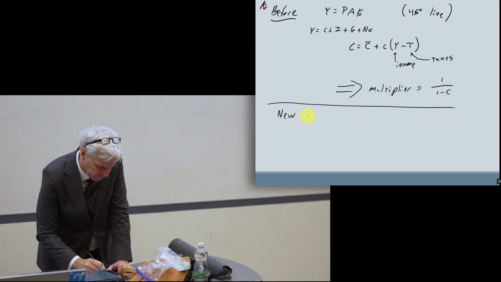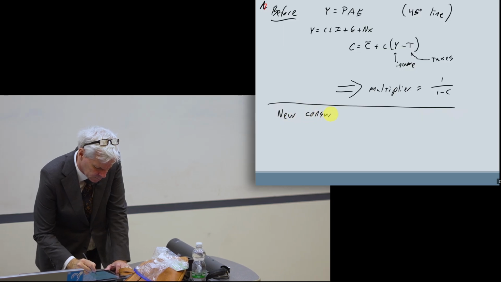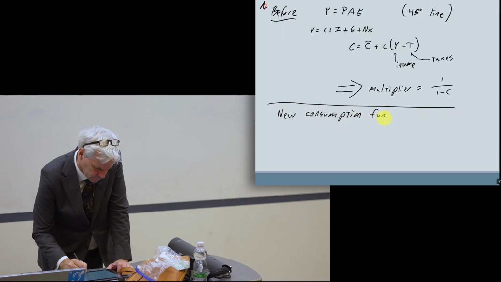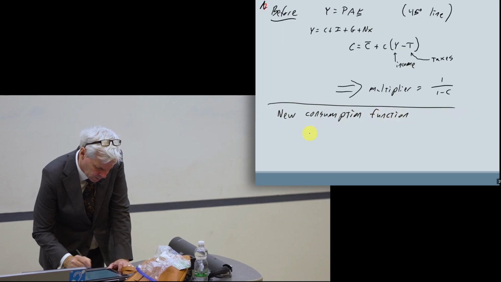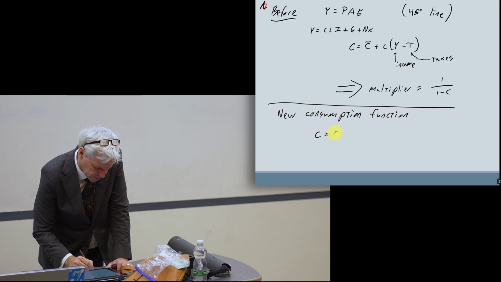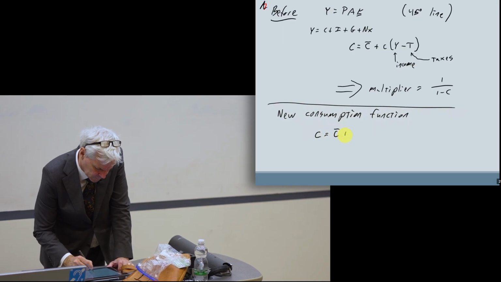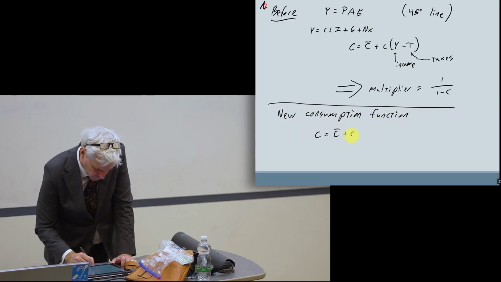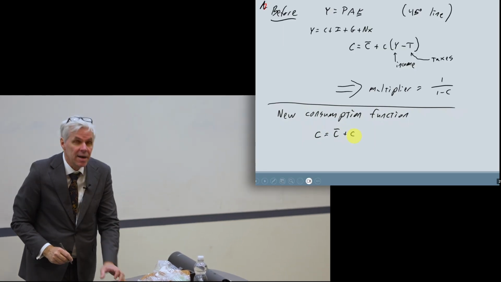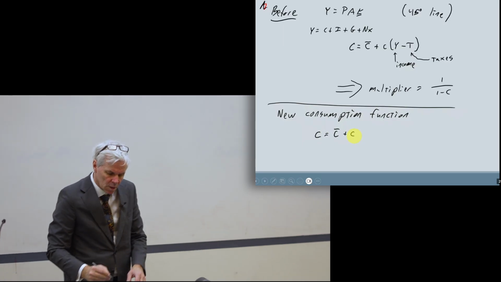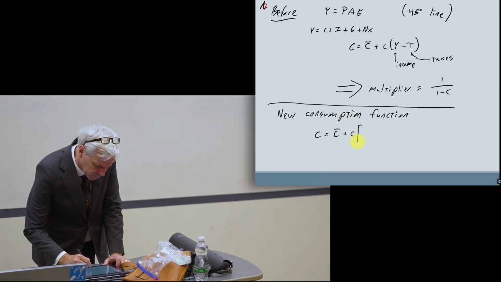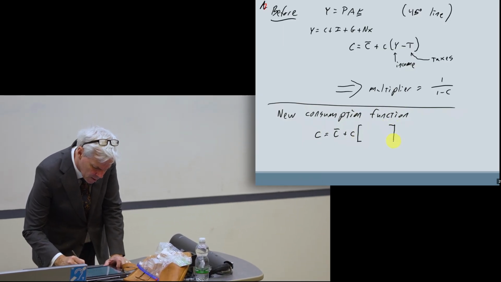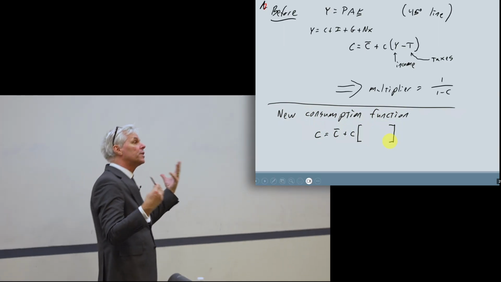Have a new consumption function, where C is equal to C bar plus c, but now we're going to multiply it by disposable income the same way we did before, the after-tax income.